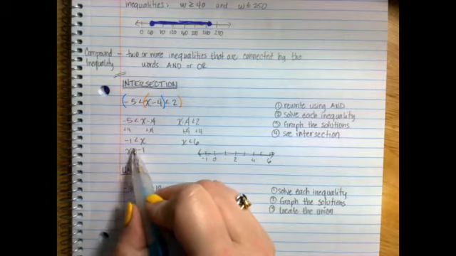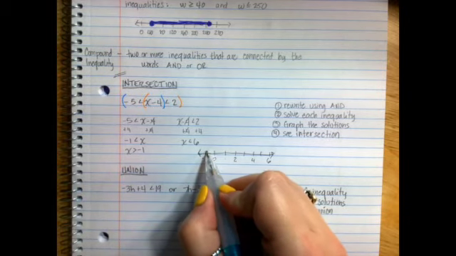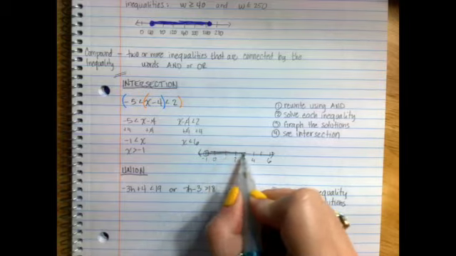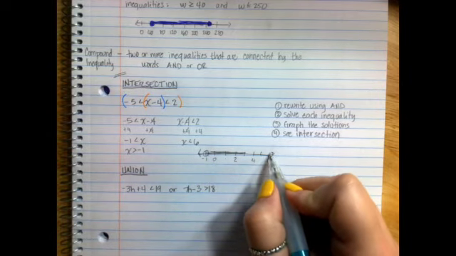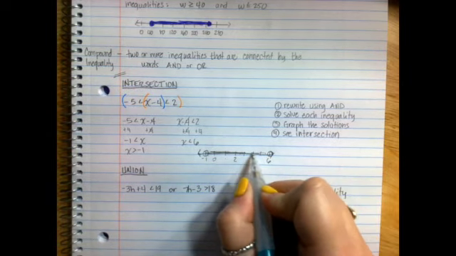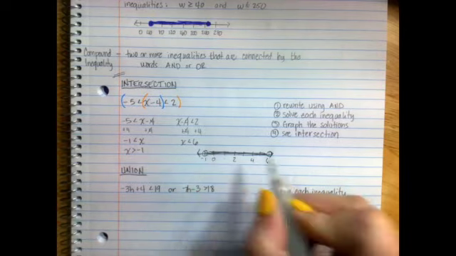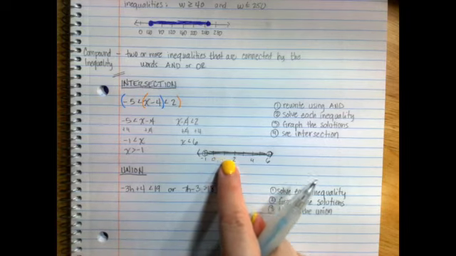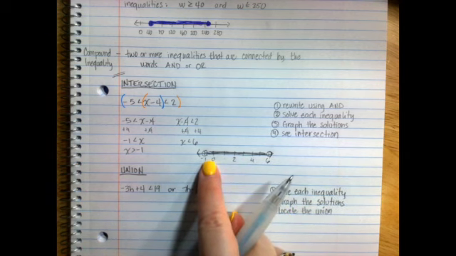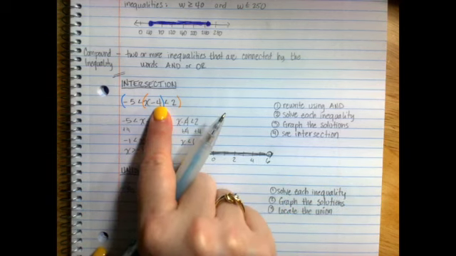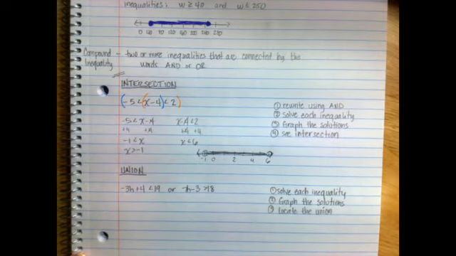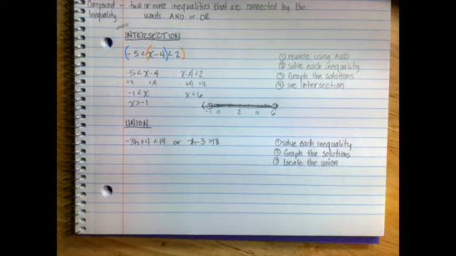All right, so x is greater than -1, so that means it's going to be open, going this way. x is less than 6, again, open, going this way. That's where they intersect. Okay, so any one of these numbers in between these two are solutions for this initial inequality.